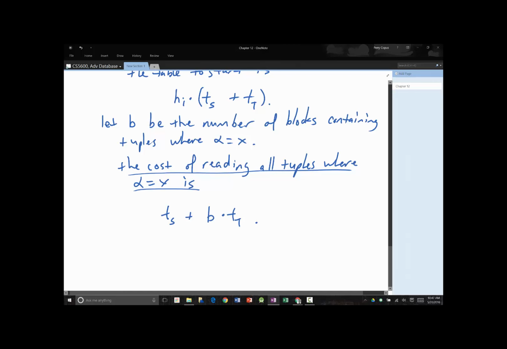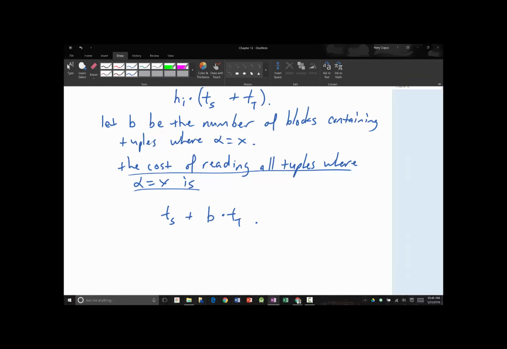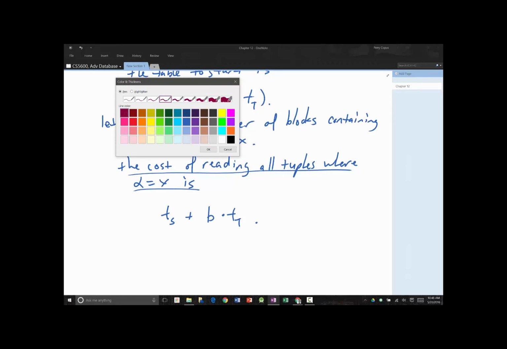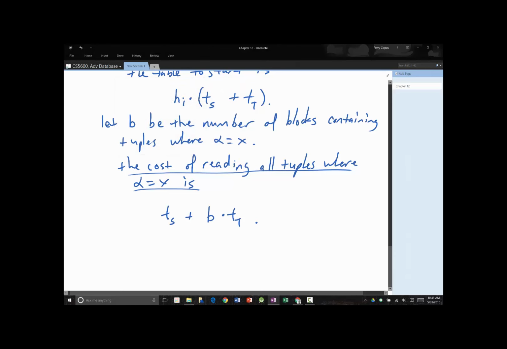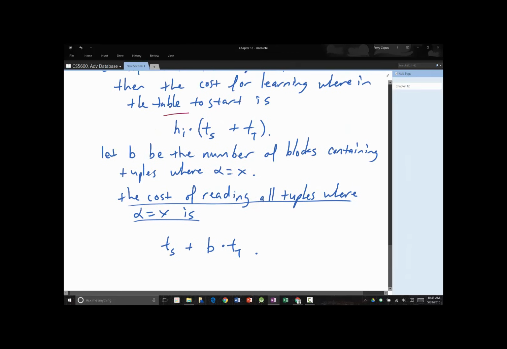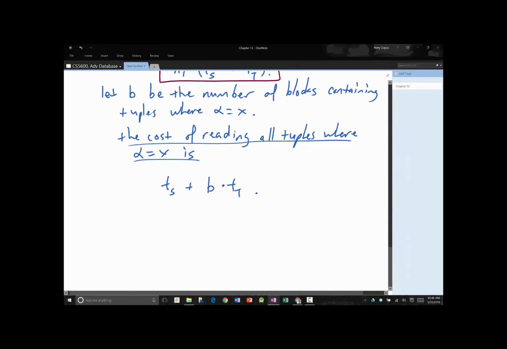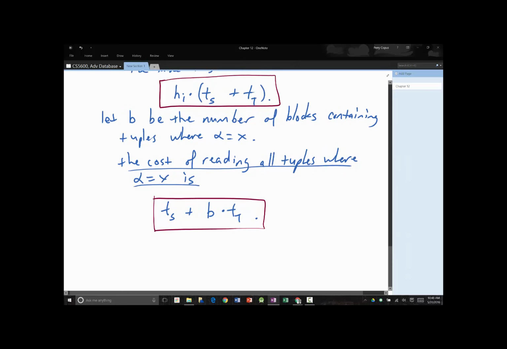Okay? Now then, just so that I'm clear, I will even change color. So we've got the time to read the index is this much. See that? And then once we have that, we know where to start. Here's the time to actually read all the blocks that we need.